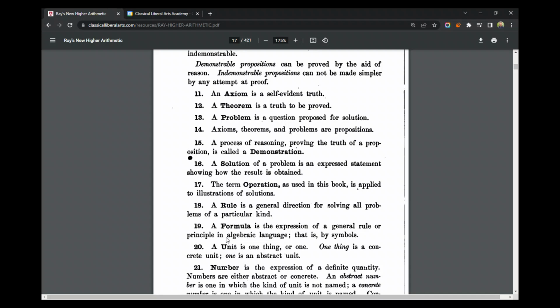So that's all of the content for this first lesson in higher arithmetic, these first 19 articles. It's important for you now to go and study and memorize these definitions.